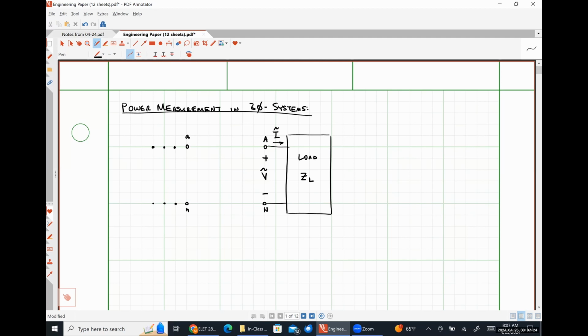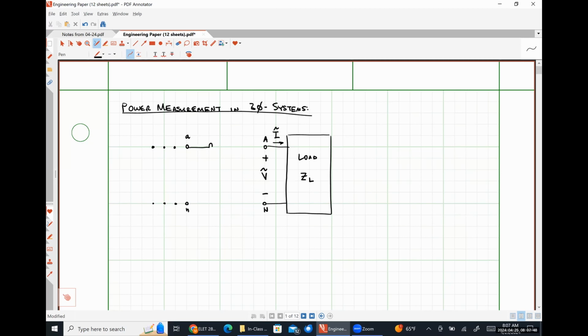A watt meter allows us to get average power, okay? Which is actually a significantly harder thing to measure because it requires us to know what the phase of our voltage and current are, okay? So our watt meter is just a device that contains two coils, okay?